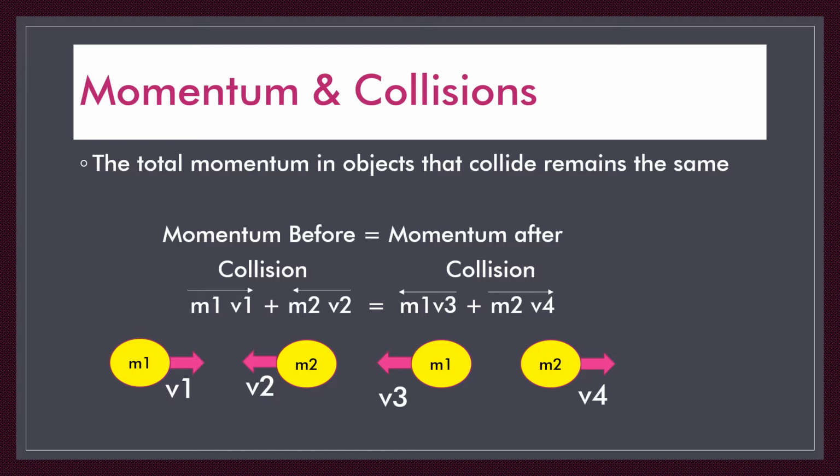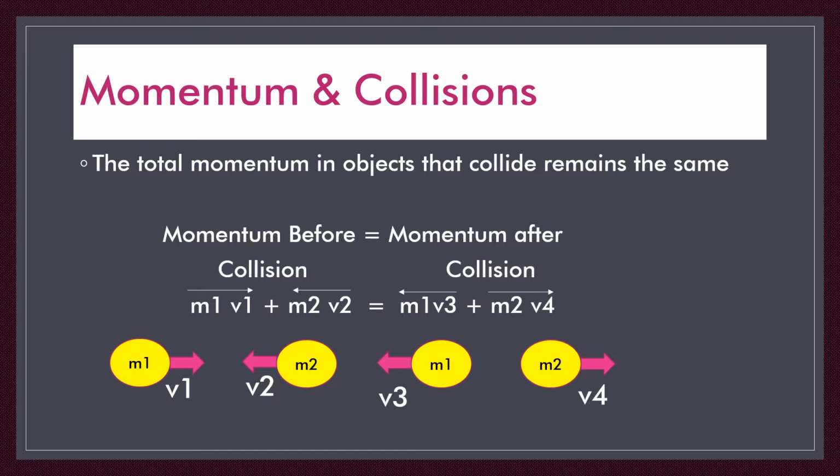In this figure, m1 multiplied by v1 is the initial momentum of the mass m1. m2 multiplied by v2 is the initial momentum of m2. That is equal to the momentum after the collision.